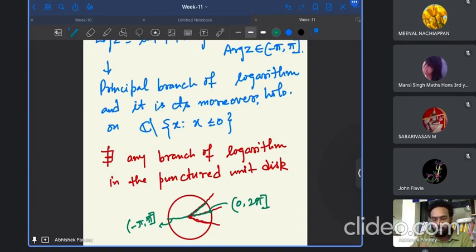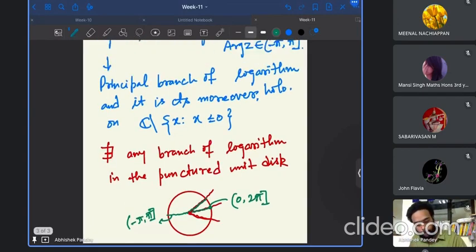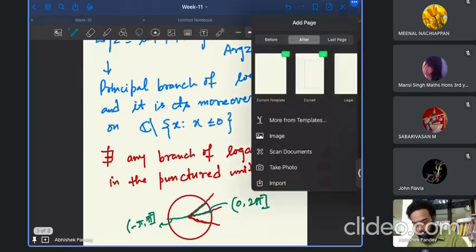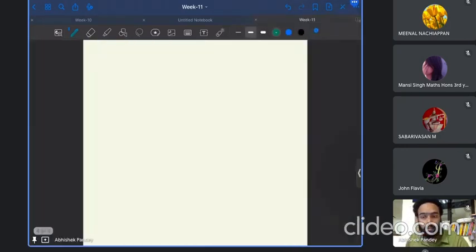A branch of logarithm has to be holomorphic, so it means there does not exist any branch of logarithm in the punctured unit disk. Is it clear? We'll move towards the problem.